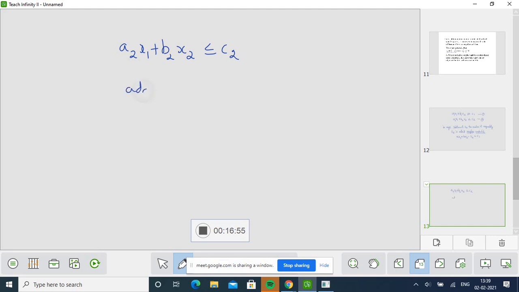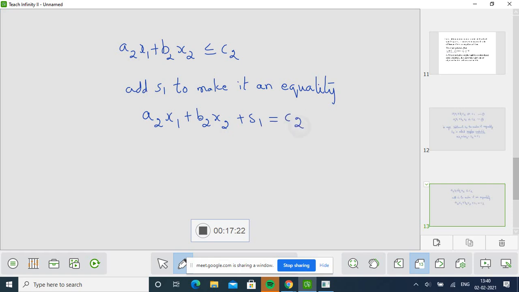So let me say add S1 to make it an equality. Okay, so when I add this S1, what happens? Here I will have A2x1 plus B2x2 plus S1 equal to C2.